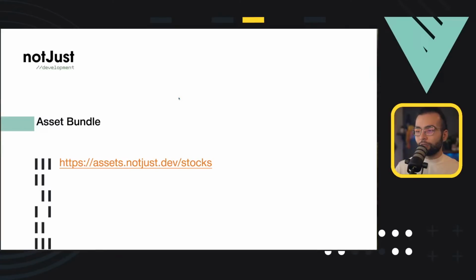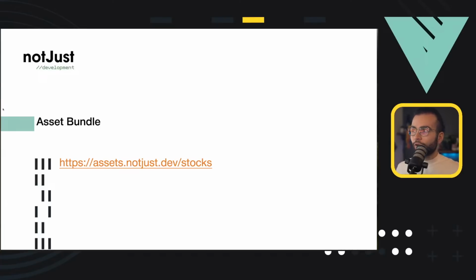Before we start, I want to mention that I have prepared the asset bundle, as I usually do, that will help you move along easier. So make sure to download that by going to assets.notjust.dev/stocks.